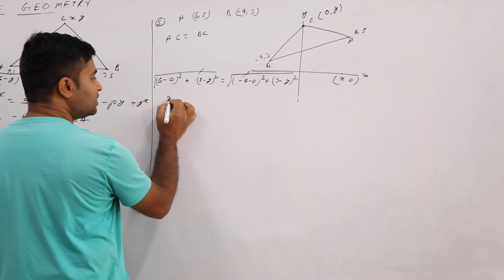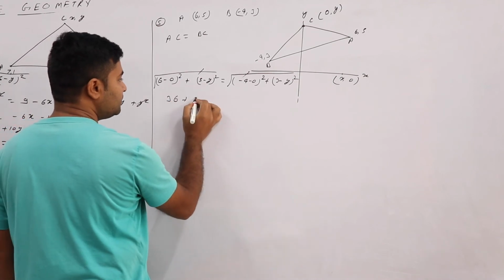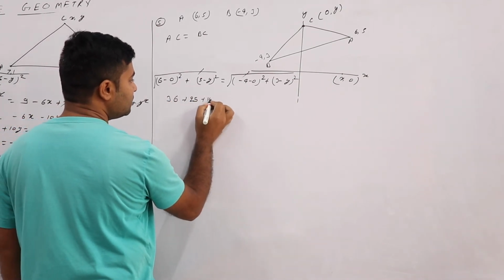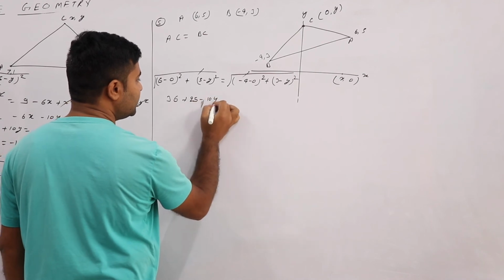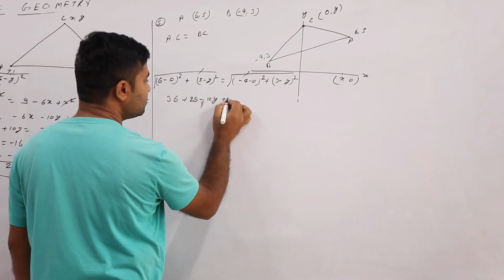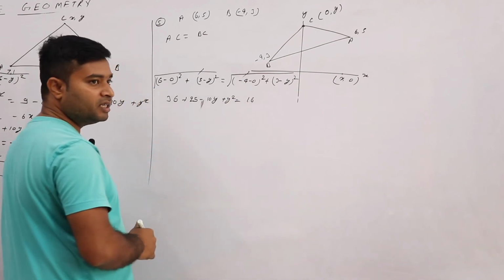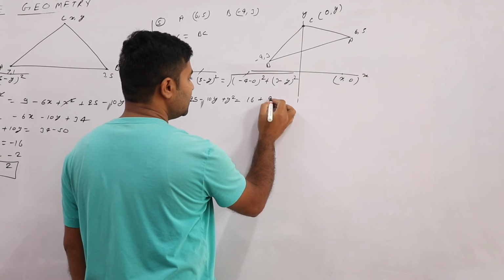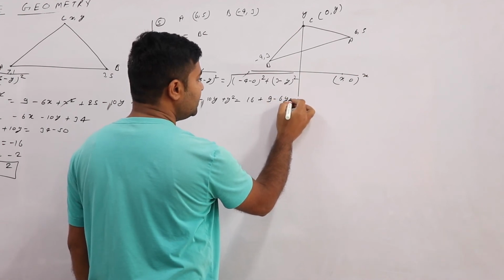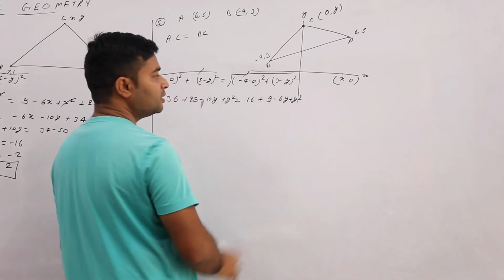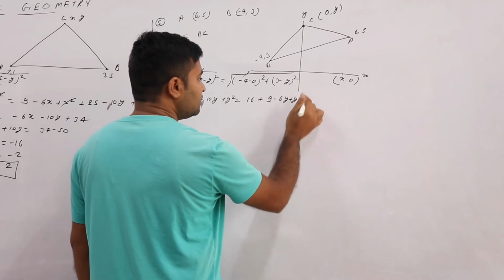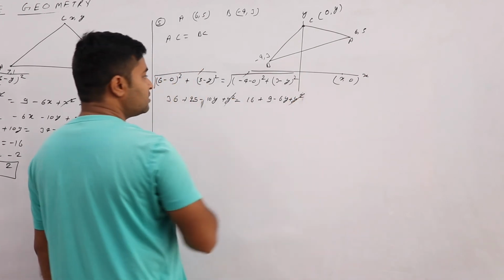So 6 square is 36 plus, opening this, 25 minus 10y plus y square. Here 4 square is 16 plus 9 minus 6y plus y square. The y square cancels.